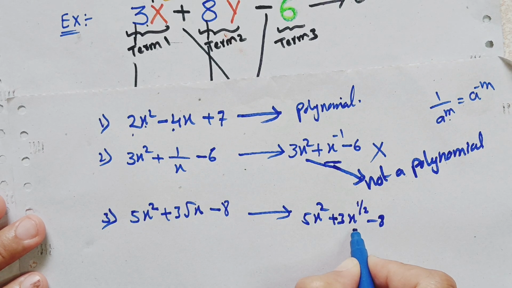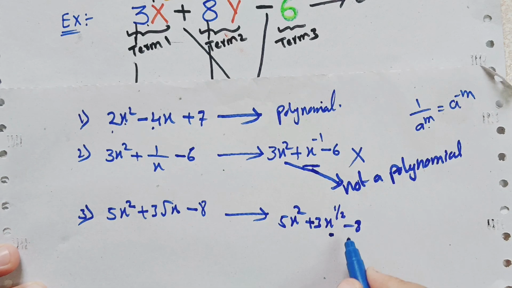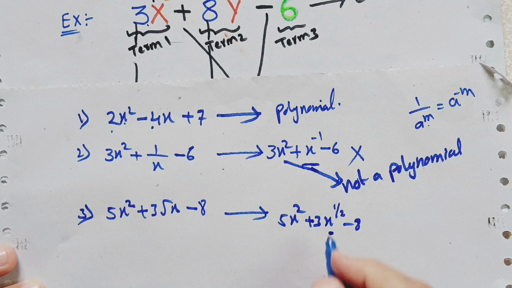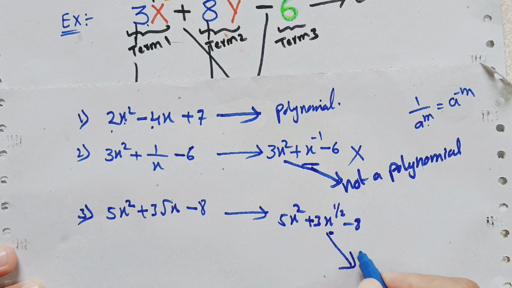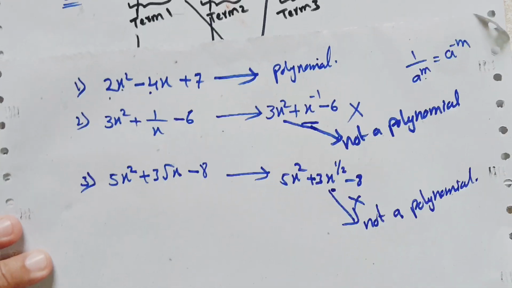See here, for the variable, I am getting 1 by 2 form, p by q form, which is a rational form, fraction form. So the variable should not take the fraction form also. So this is not a polynomial. This is also not a polynomial.